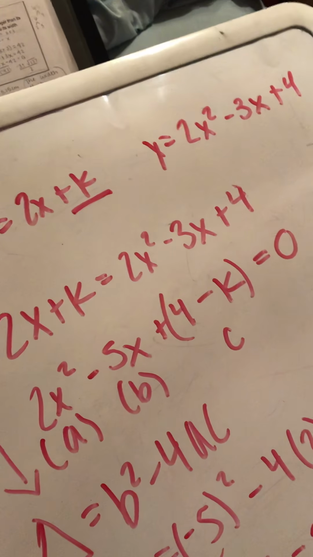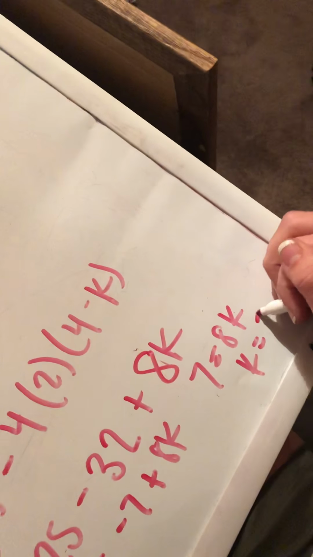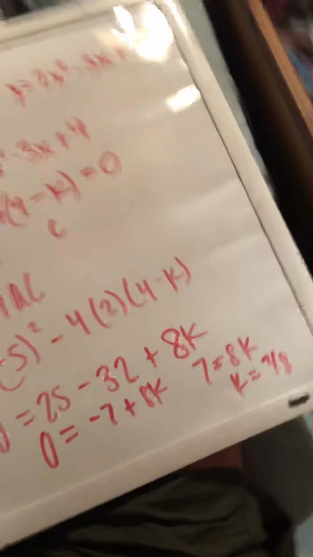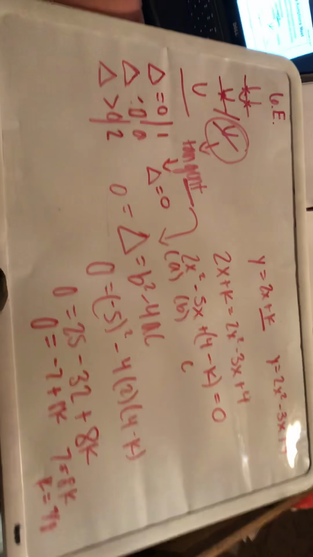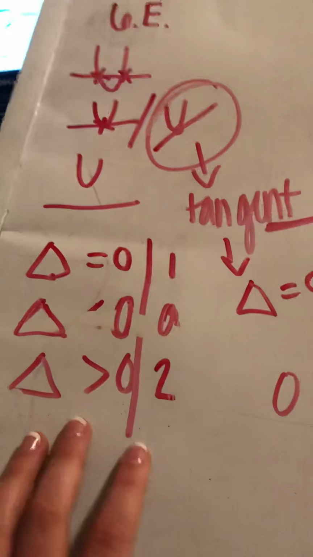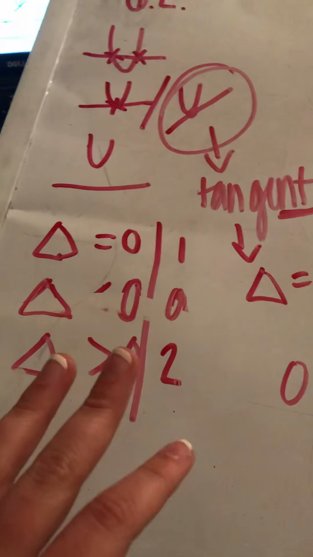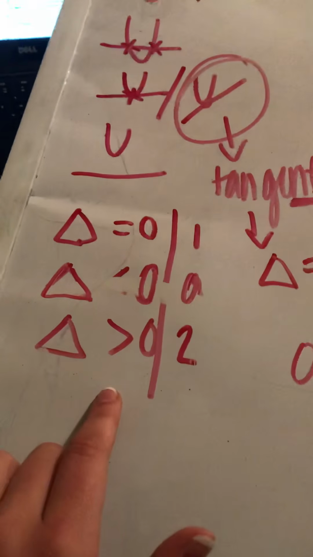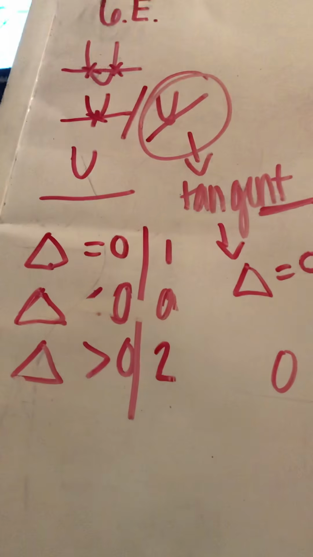So then you have 7 equals 8k, so k equals 7/8. But like I said, if you don't know this, you can't do this problem. So this is very important. Okay, that concludes lesson 6E.